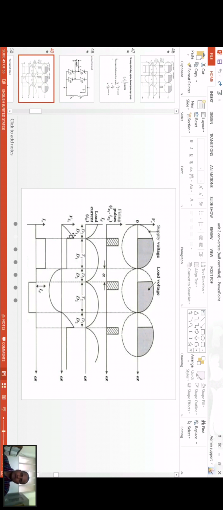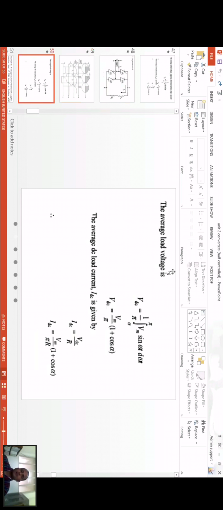D2 and D1 will be conducting in this case, and in this case T1 and D1 will be conducting, and in these portions D1 and D2 conduct, where alpha is the point when it triggers. Similarly, we can find VDC. VDC is the same, and IDC also Vm by pi (1 plus cos alpha).